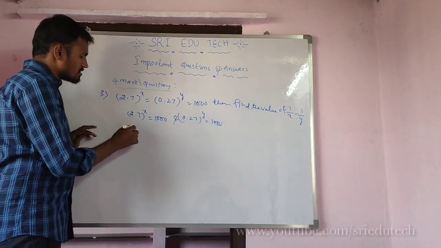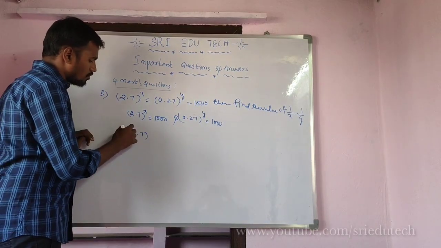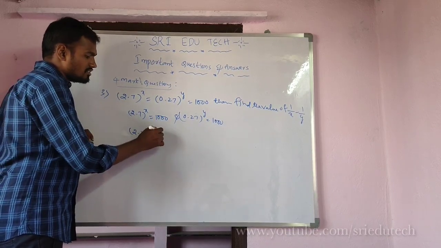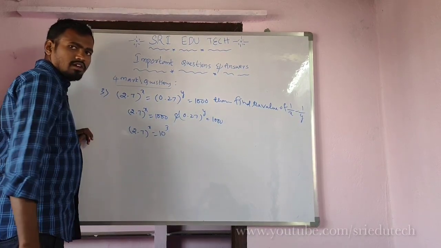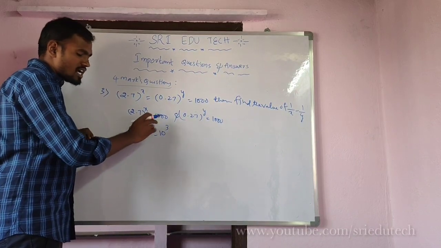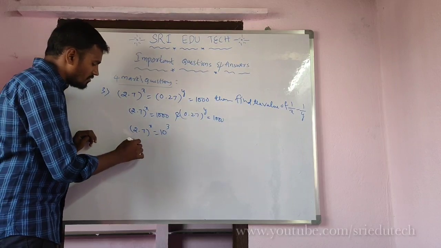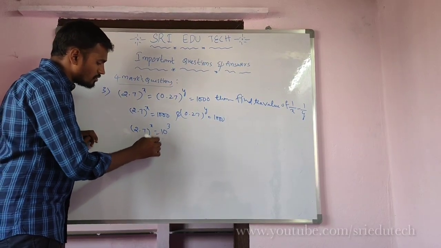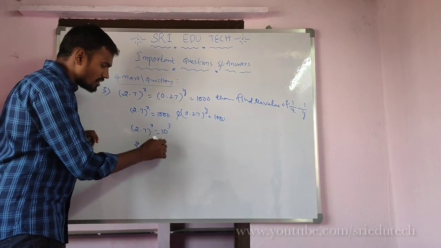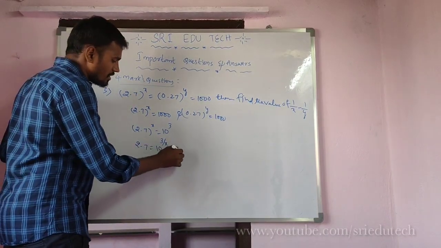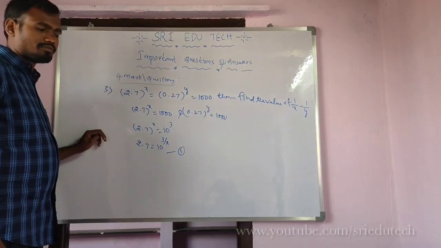See, take first 2.7 whole to the power of x is equal to, you know already, 1000 written as 10 cube. Right? This power transfers to RHS, it becomes power by. See, 2.7 is equal to 10 to the power of 3 by x. Okay, right, this is equation number 1.